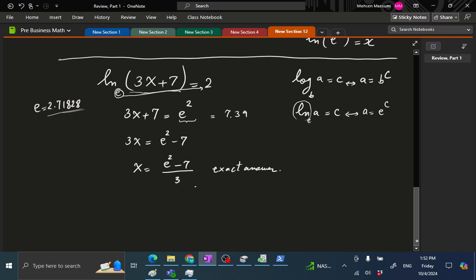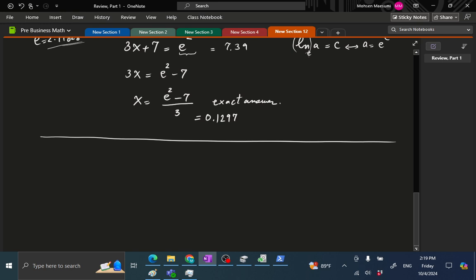And then you can go ahead and continue these steps, and for x you get 0.1297 to 4 decimal places, and that gets us our x.